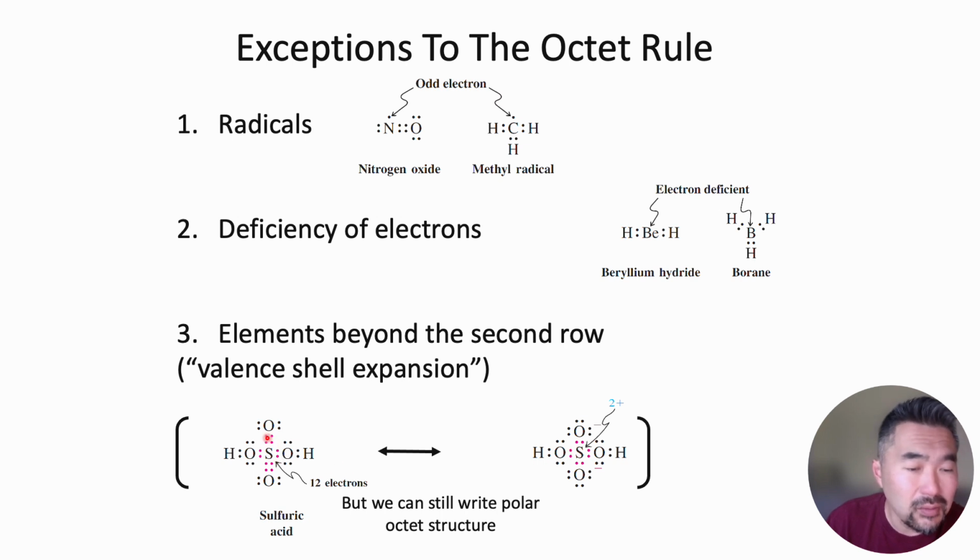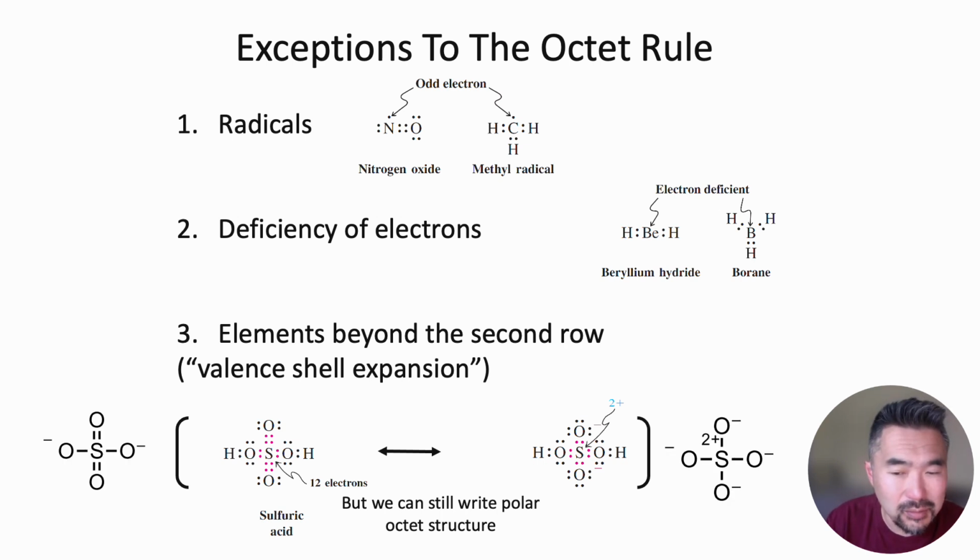Whereas if you draw double bonds between this oxygen and that sulfur, sulfur would have to accommodate 12 electrons, but you technically have no formal charges in the structure. That becomes even more obvious when you draw the sulfate ion structure, perhaps, but these are two resonance forms of the sulfate ion.